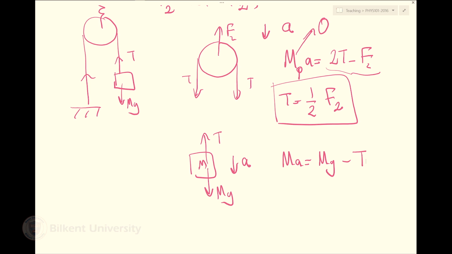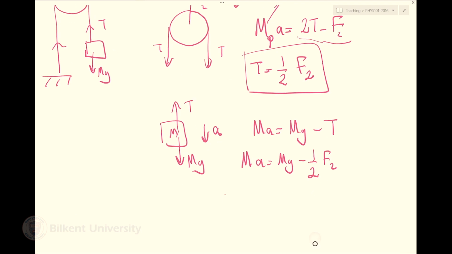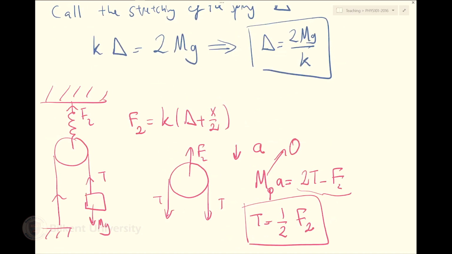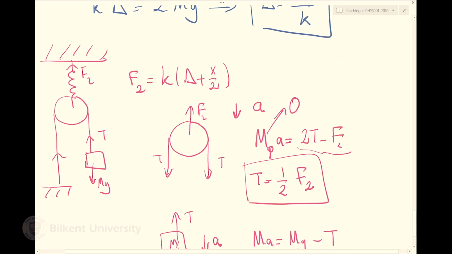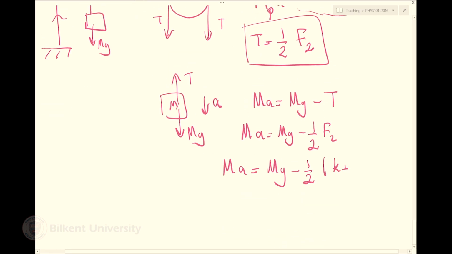Now, M times a is mg minus T, where T is 1/2 F2. And what is F2? F2 is K times delta plus x over 2.